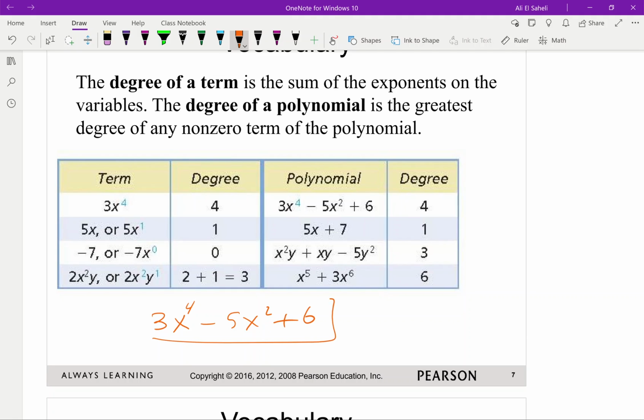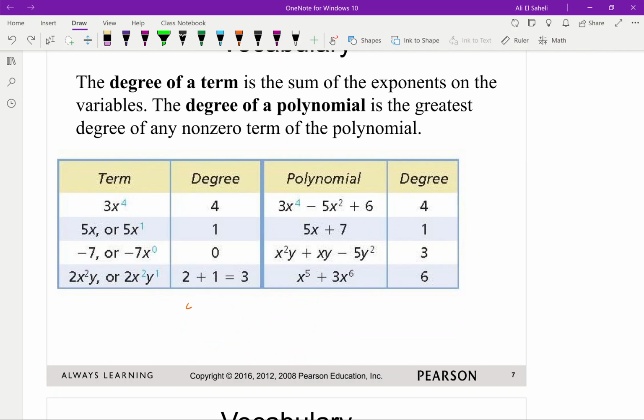Okay, so this is a polynomial of degree 4, because first it is a polynomial. It has the coefficients, real numbers, and it has x to the power n. In the first case, x to the power 4, in the second case, x to the power 2, and in the last case x to the power 0.